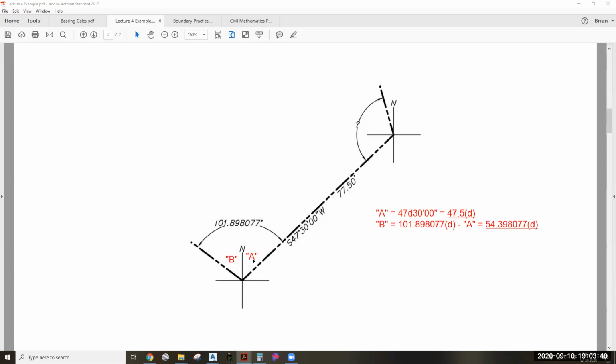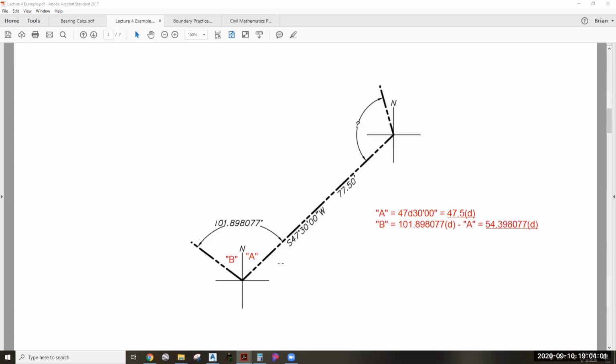I can figure out what A is because I'm given a bearing here. Anytime we're adding or subtracting angles, we always want to convert it to a decimal degree.